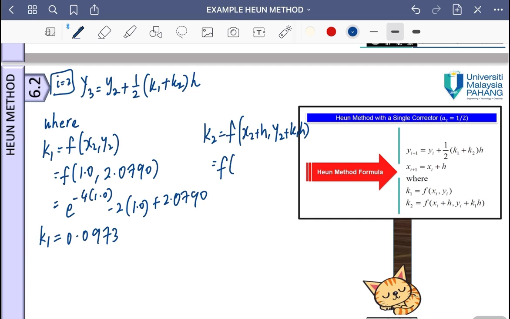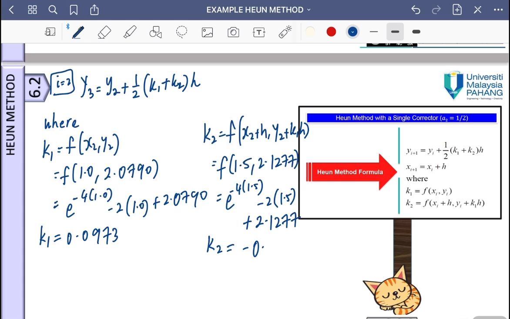If we substitute the values, x is 1.5 and y is 2.1277, into your slope or first derivative equation, e to the power of negative 4 times x, minus 2 times x, plus y, from here you may get your k2 equal to negative 0.8698. Alright, so now from here we may obtain our y3.